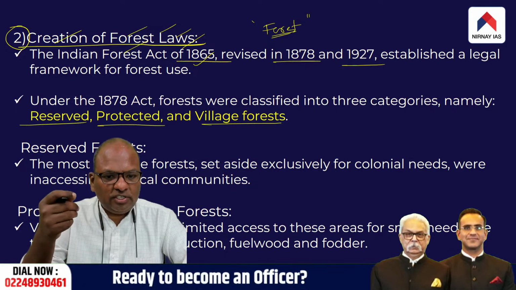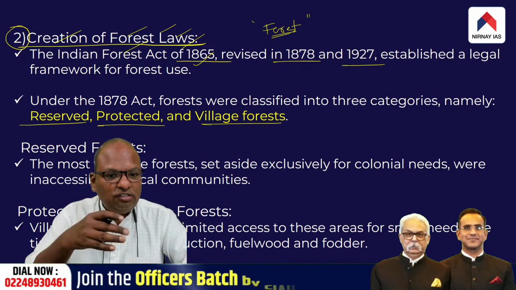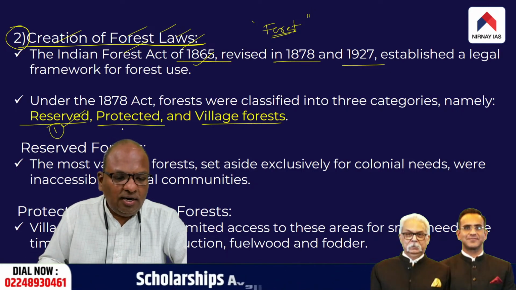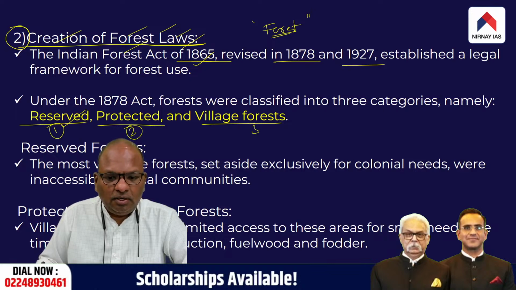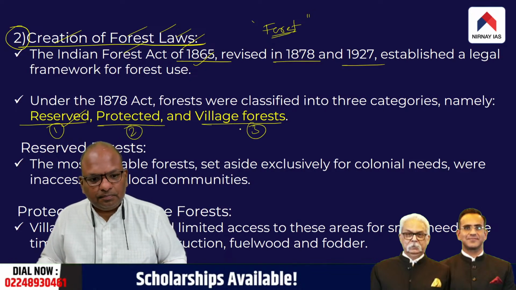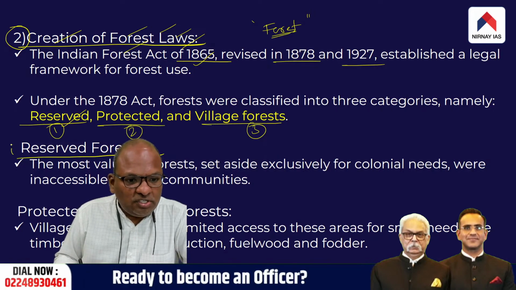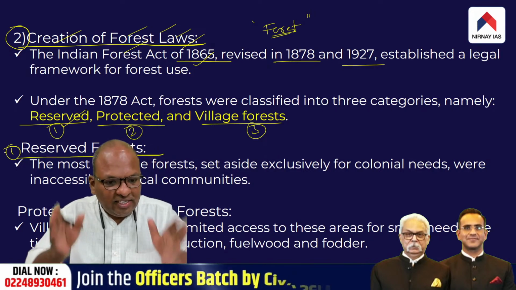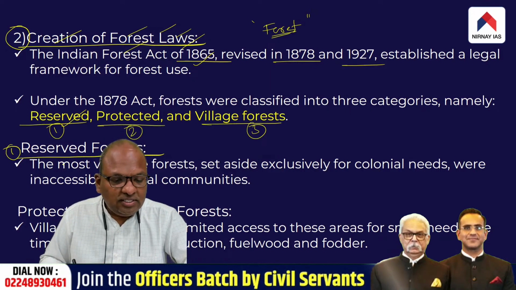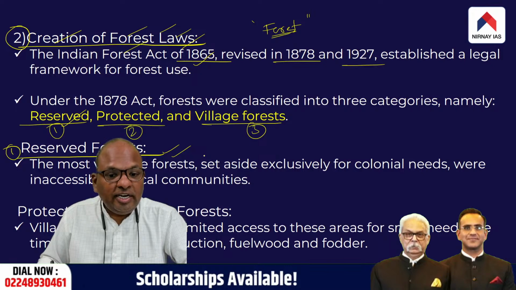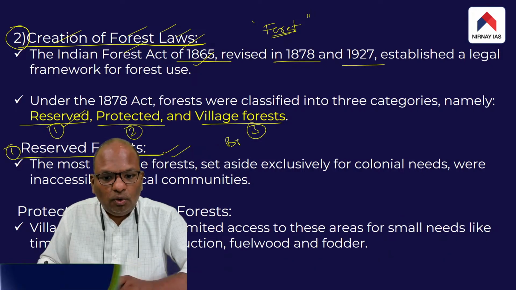So, the forest was classified into three categories: reserved, number one; second is protected; third is village forest. The reserved forest was not meant to protect the trees themselves. The reserved forest was declared to be forest that needs to be used by the British alone.